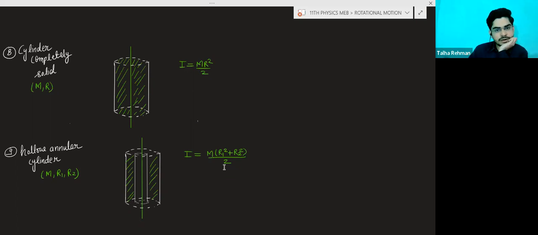And here R1 and R2: R1 is the radius of this cylinder and R2 is the radius of this other cylinder.